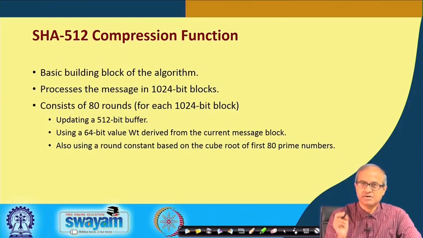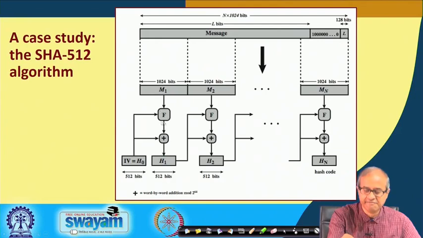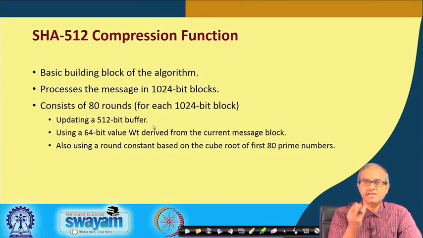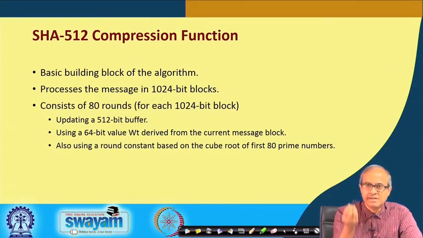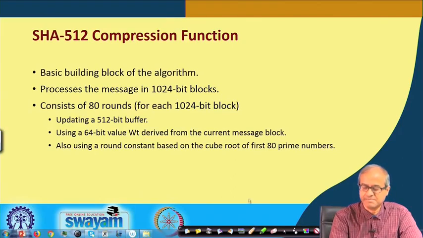So, the compression function means this f function I talked about. This f function is the basic building block of SHA 512, and as you had seen in the previous diagram, that function f takes a block of the message which is 1024 bits in size.